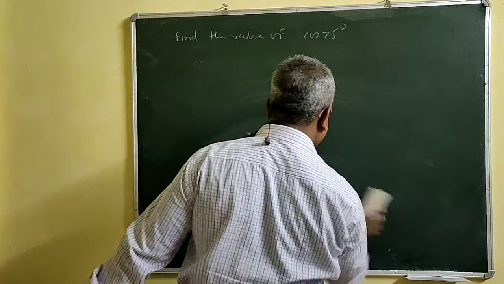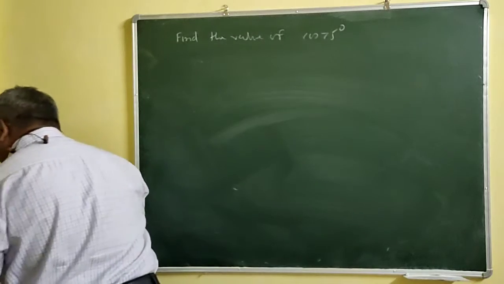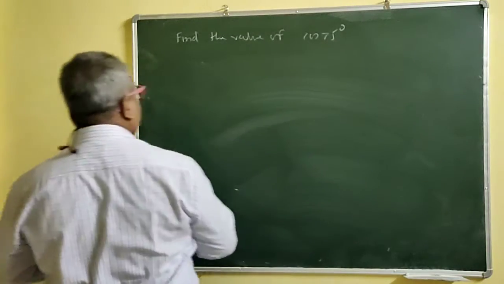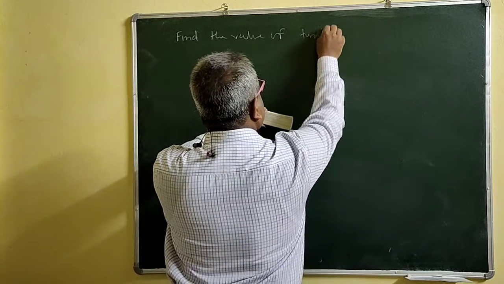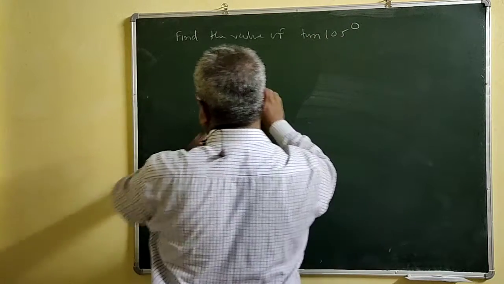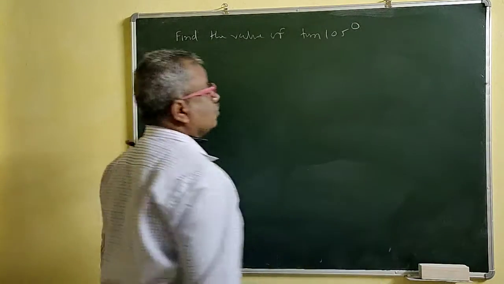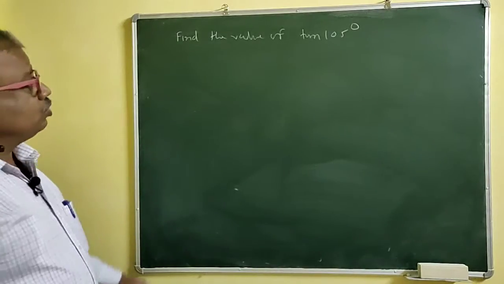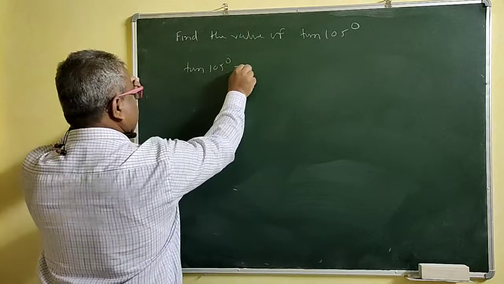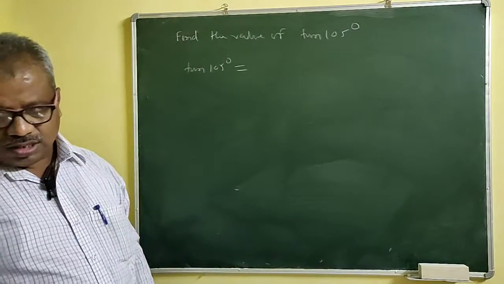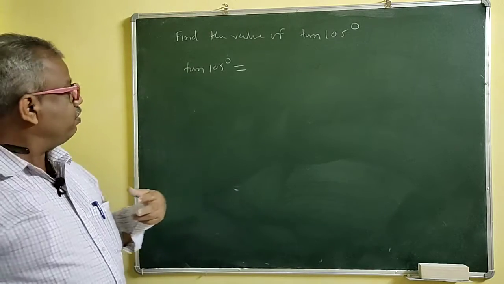Now find the value of tan 105 degree. Don't express this as 90 plus 15, it will be very complicated then.